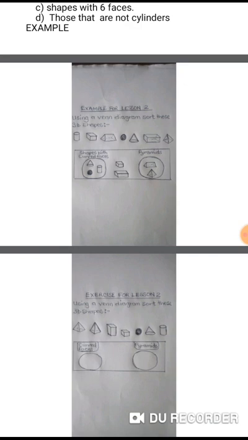You are going to do that work in this way. In the left hand side there is a heading there, curved faces. So all those which are having curved faces are going to be put in that big circle. And then to the right hand side I have written pyramids.